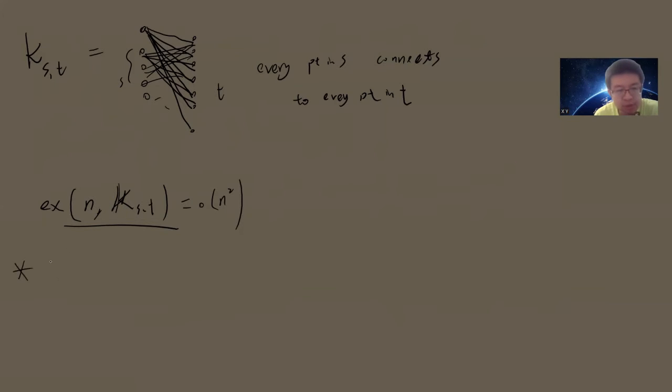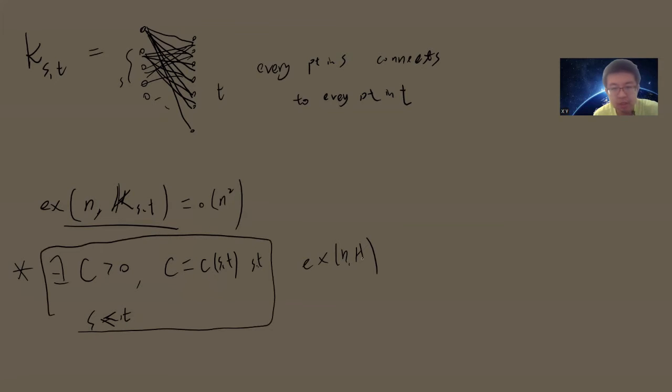What we're going to prove is that there is a constant C, which depends on S and T, where C is greater than 0, such that the power is basically determined by S. Suppose S is less than or equal to T. Then this quantity is less than or equal to C times n to the 2 minus 1 over S.